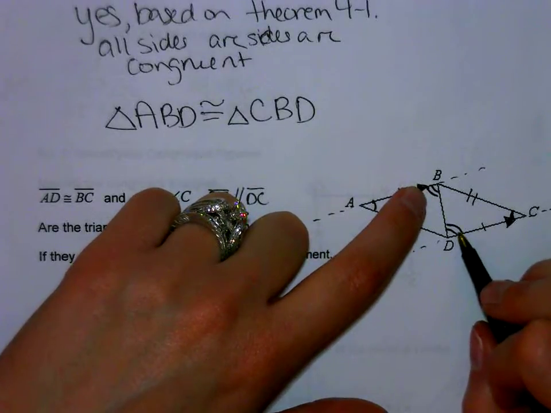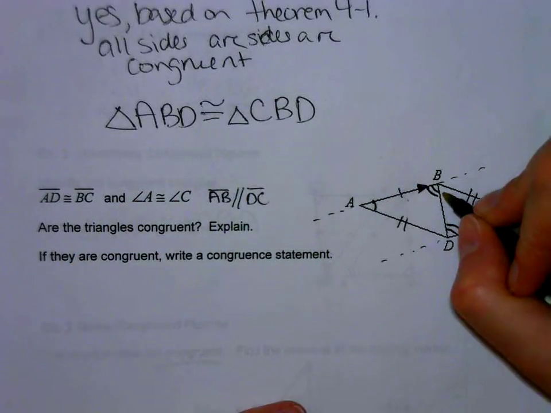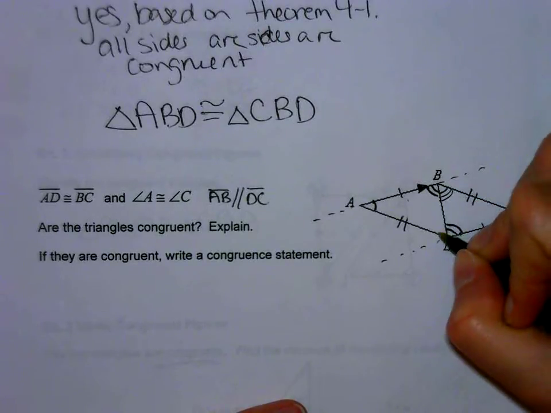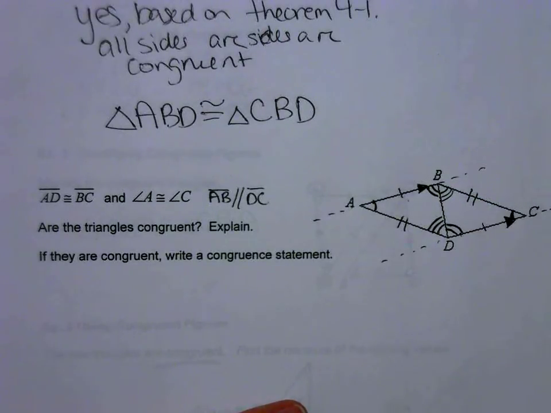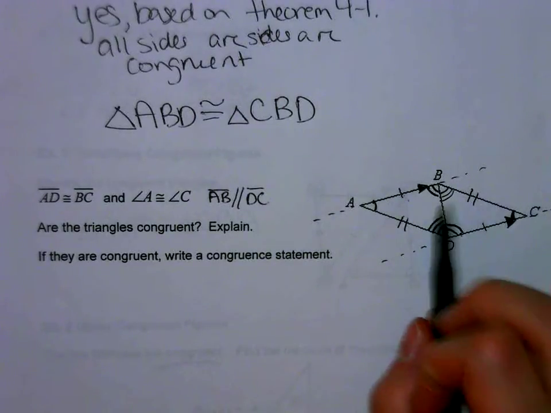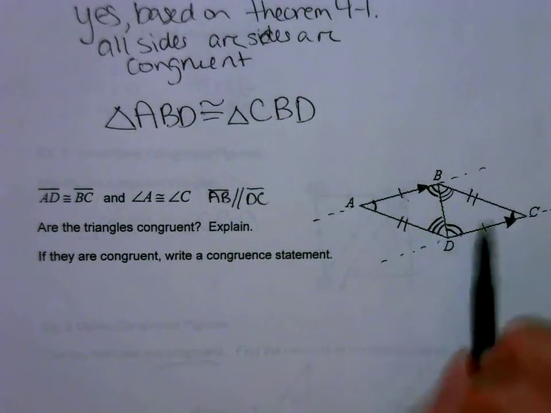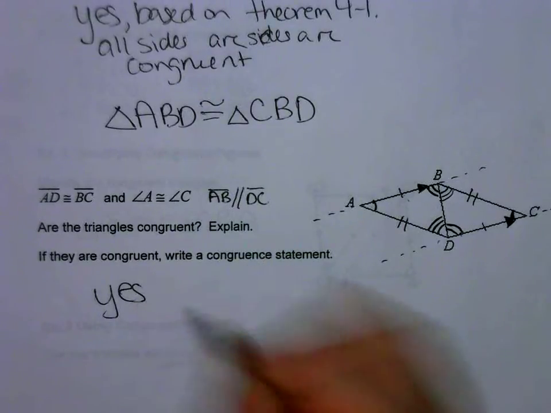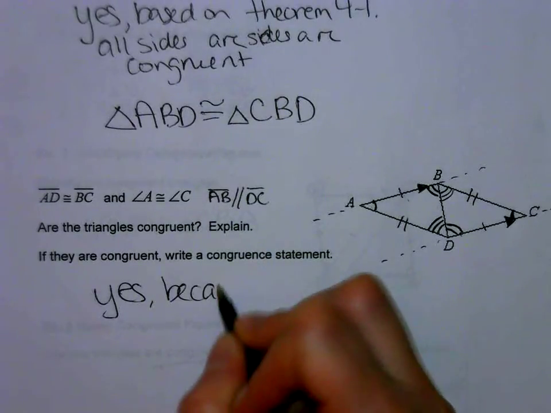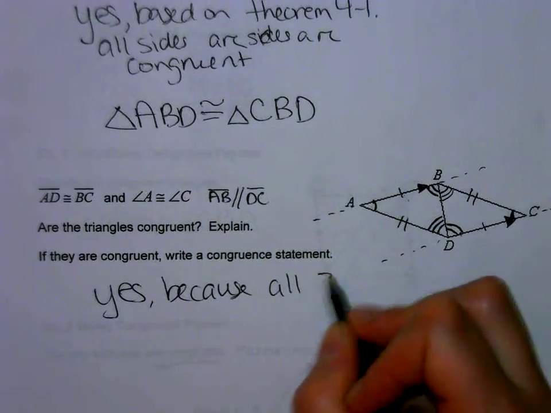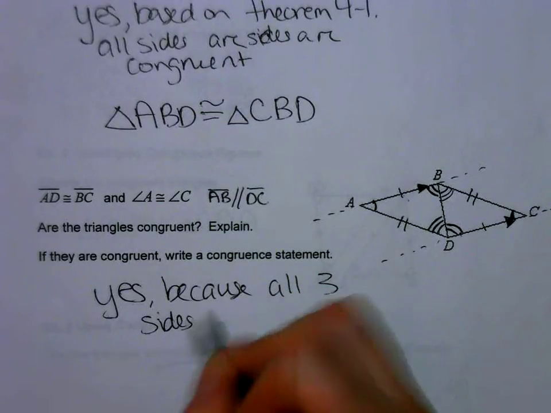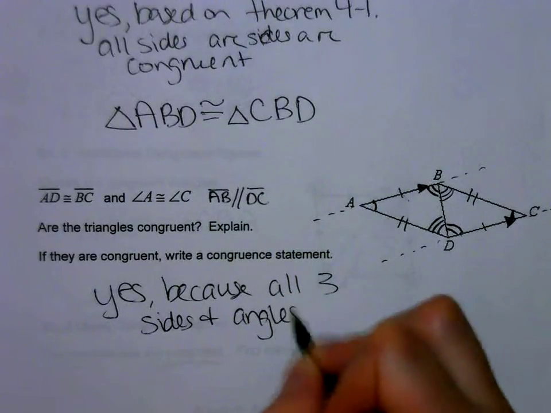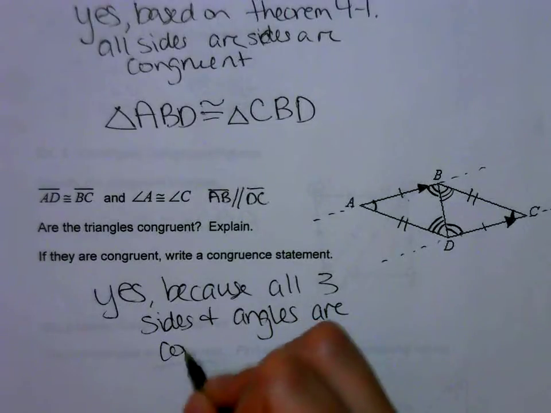So this angle is congruent to that angle. So we know that all three sides are congruent, as well as all three angles. So yes, these are congruent because all three sides and angles are congruent.